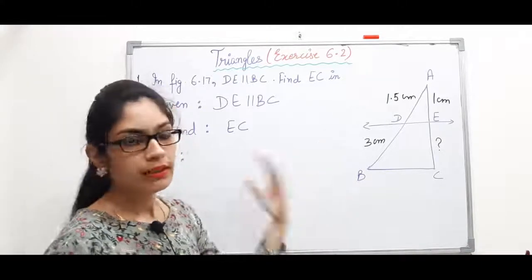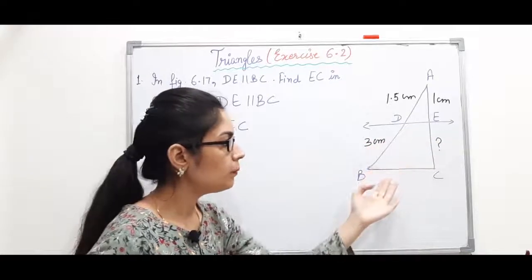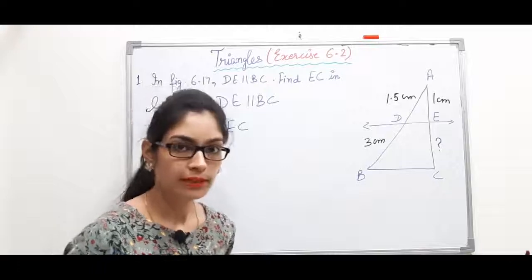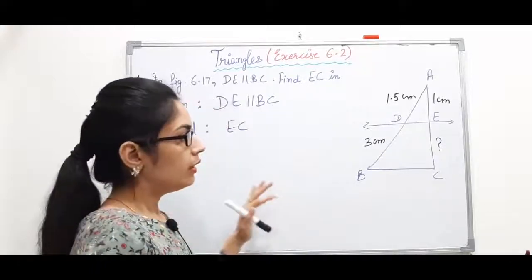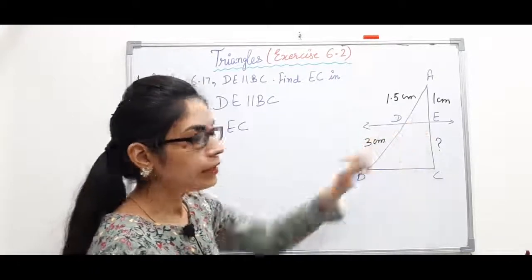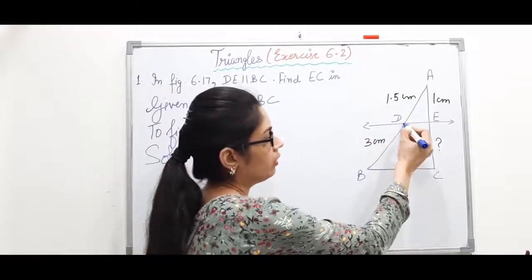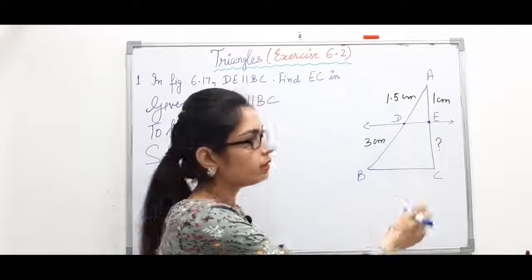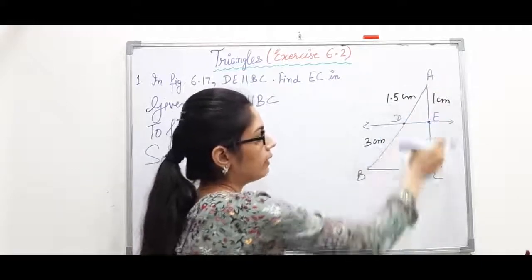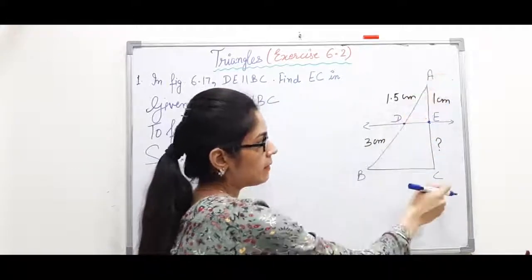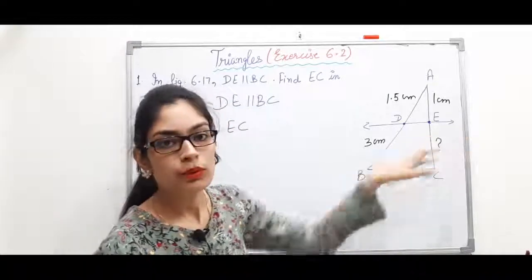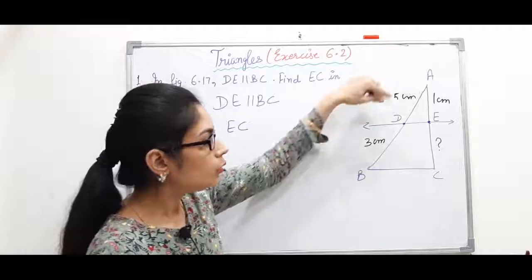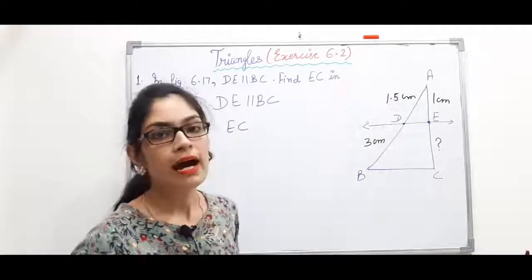So let's do the solution now. It is given this line is parallel to BC, and if you have already gone through the basic proportionality theorem, if any line in a triangle is parallel to the third side of the triangle, see, these are the two sides of the triangle, AB and AC, and this line is parallel to the third side, then the other two sides of the triangle are in the same ratio.